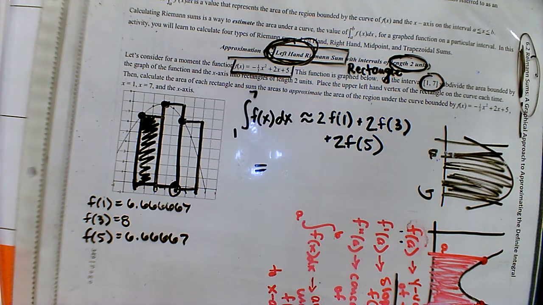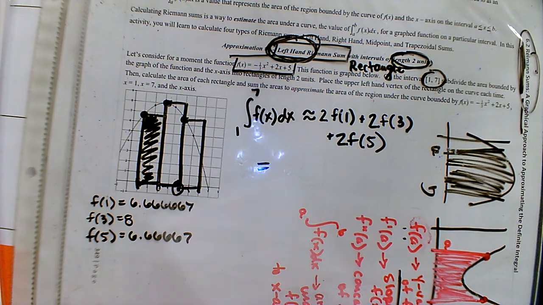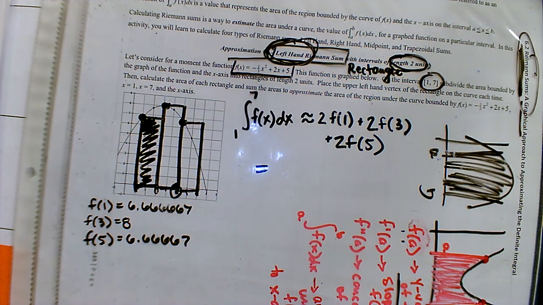All right, so can you guys take a moment and actually calculate all that together? 2 times f of 1 plus 2 times 8, or sorry, plus 2 times f of 5. Can we get some value in the end?